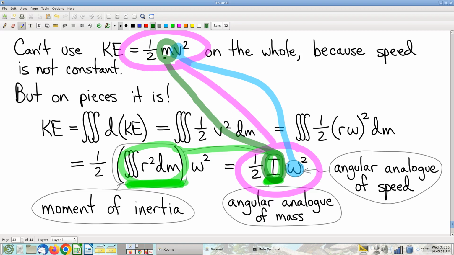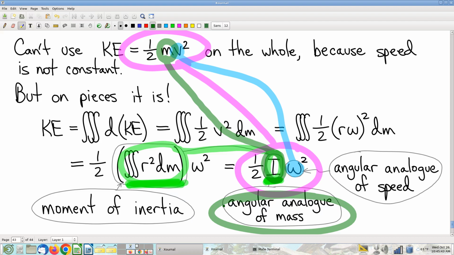Okay, so this thing called I, this integral that I just lumped into a single name, apparently in an angular context is playing a role kind of like mass. So that's what we call it. It's an angular analog of mass, in the same sense that omega is an angular analog of speed.